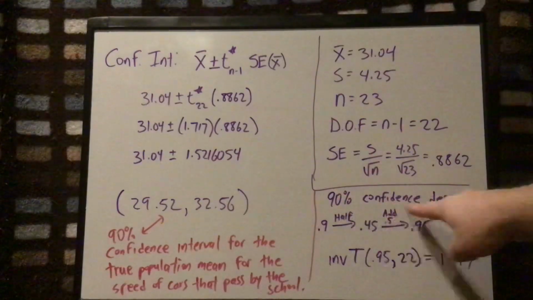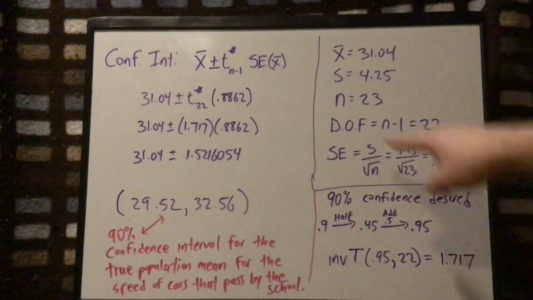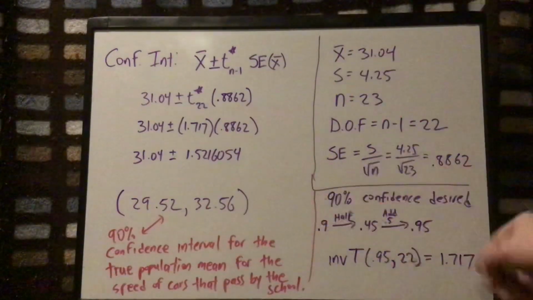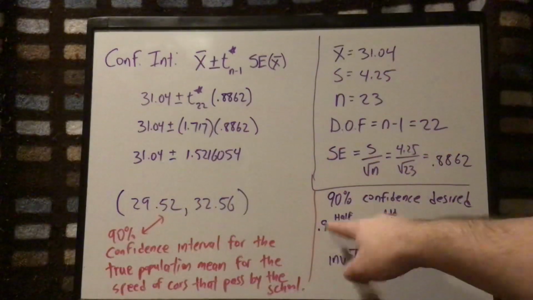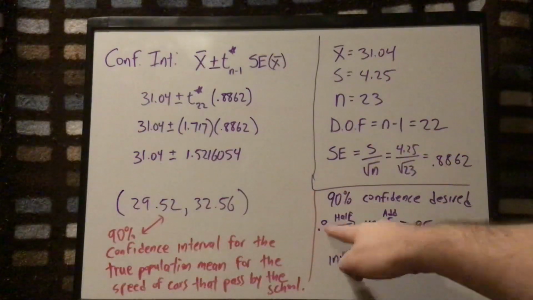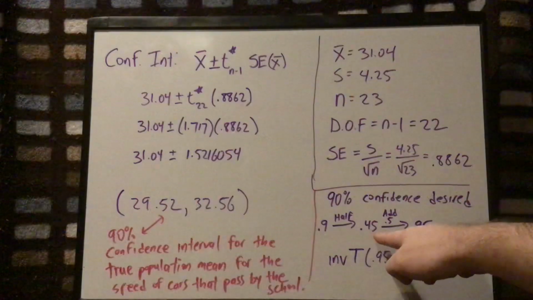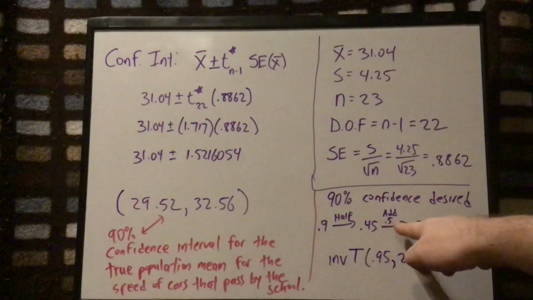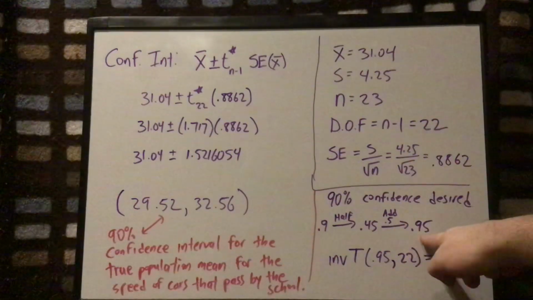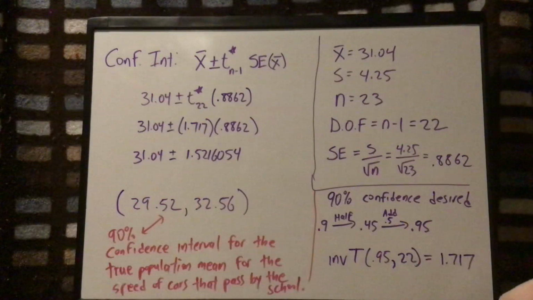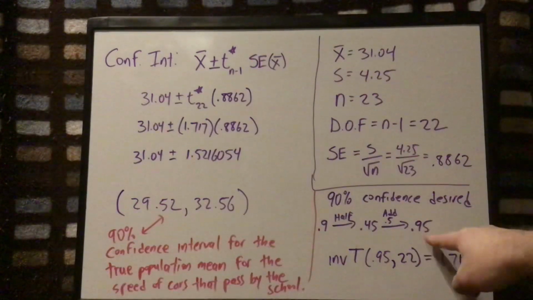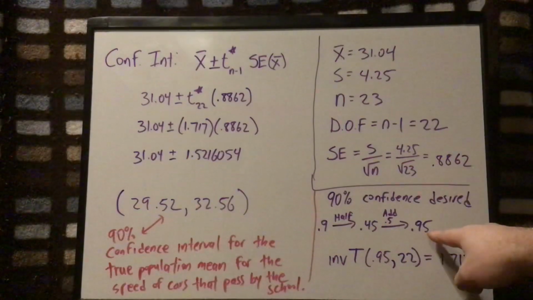Since we desire 90% confidence, I need to figure out what t-score covers 90% of the t-curve. We'll start with 0.9. That's what 90% is. Remember, cut that in half, make it 0.45, then add 0.5 to it. It makes the number 0.95. Now, if we were doing a z-score, we would have done inverse norm of 0.95.